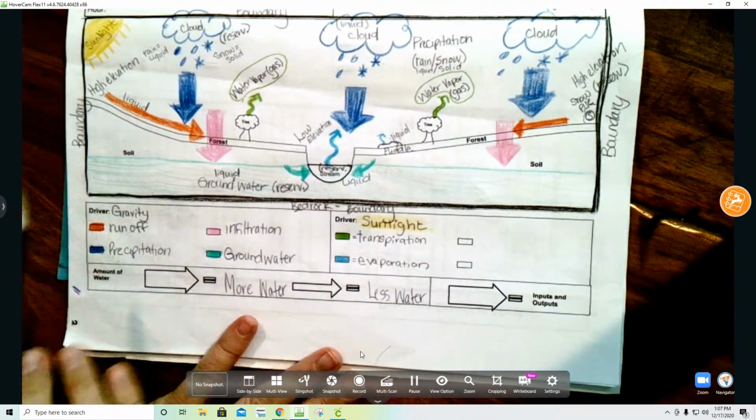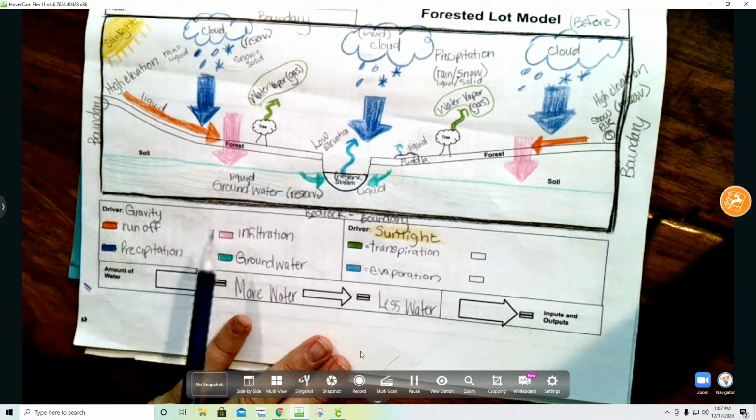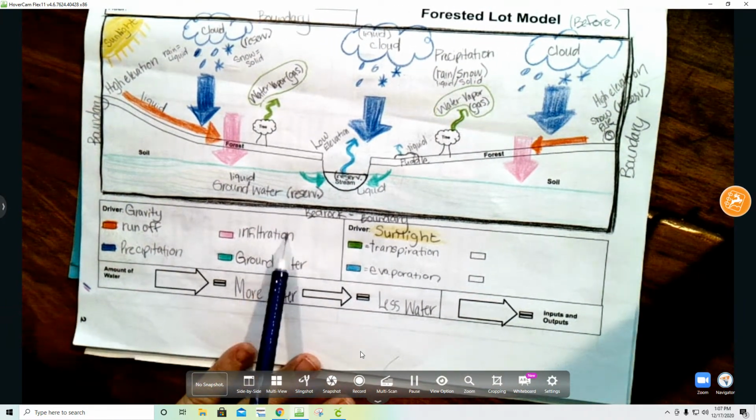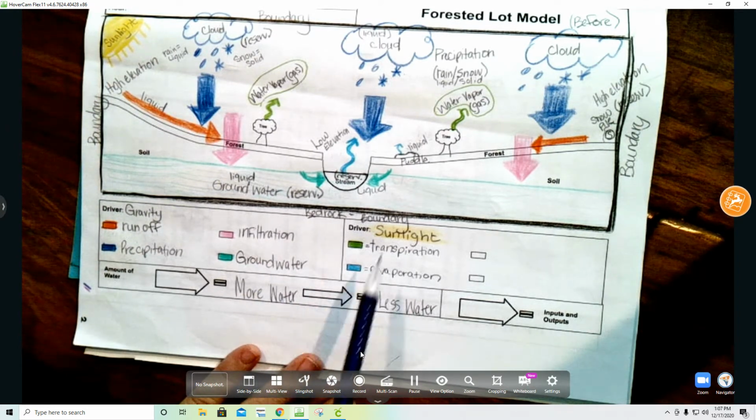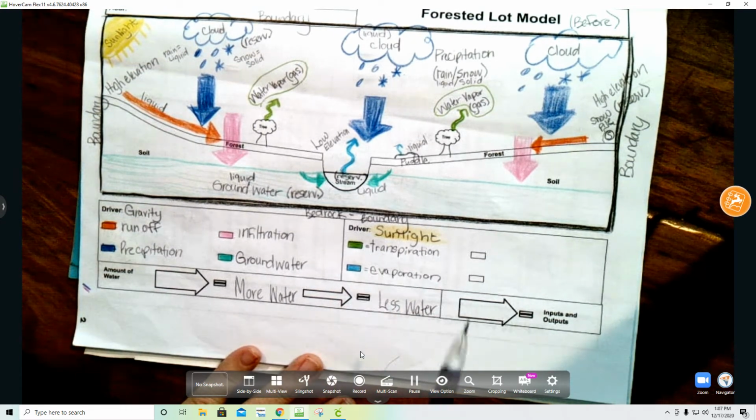Okay, so we discussed pretty heavily the energy driver of gravity that causes runoff, precipitation, infiltration, and groundwater movement. And then the energy driver of sunlight. So far, we've talked about transpiration and evaporation, going from a gas to a liquid.